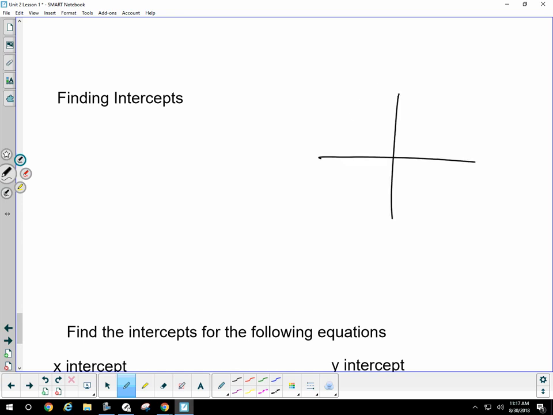Typically a line will cross through the x-axis and the y-axis once at some location. We call the point where it crosses the y-axis the y-intercept, y-int for short. The point where it crosses the x-axis is the x-intercept.